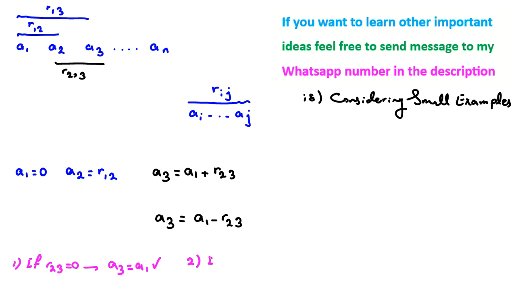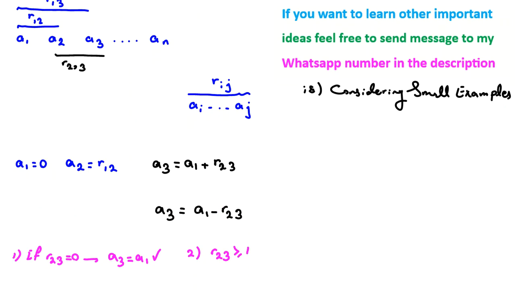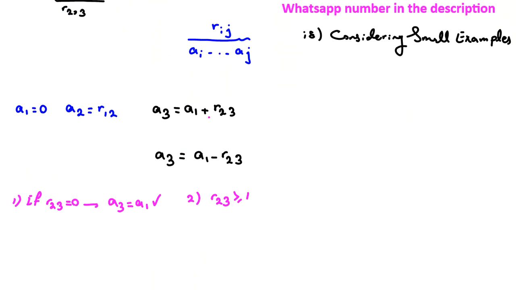Second case. In this case, R23 is at least 1. So we have two answers. And now I want to prove only one of them works. Why? At first, I say if A1 equals A2 equals 0, then it is for the case when R12 is 0.